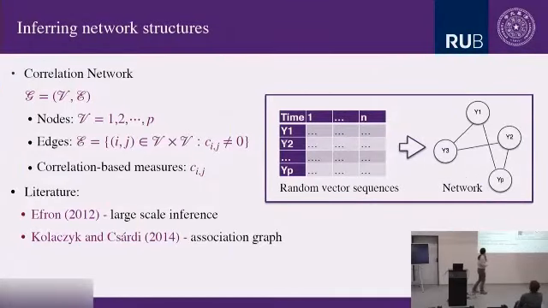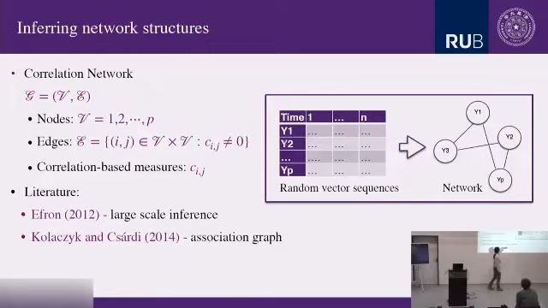Back to the mathematical formulation of the problem, a bit more strictly, we start with the simplest case where we have a panel. It's a vector, not a time series yet, just IID vectors.